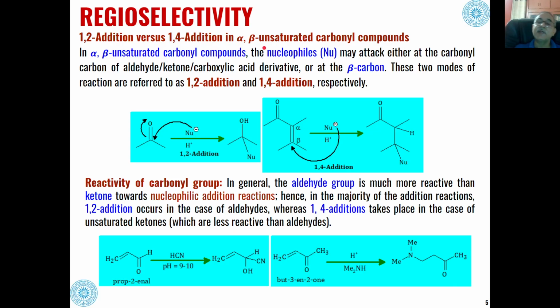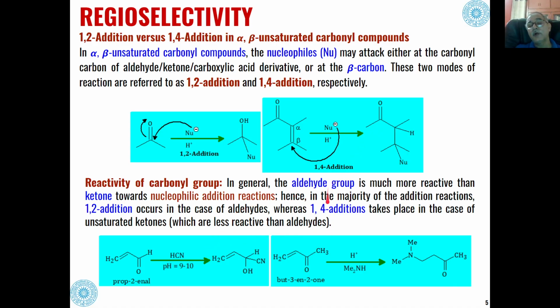For example, in case of alpha beta unsaturated carbonyl compounds, if the nucleophile attacks this carbonyl, then we will have 1,2 addition, whereas if the nucleophile attacks this beta carbon, then 1,4 addition takes place. So these two modes can be exemplified very easily.